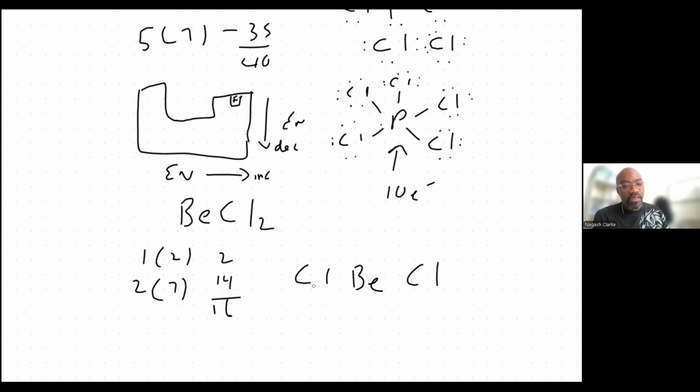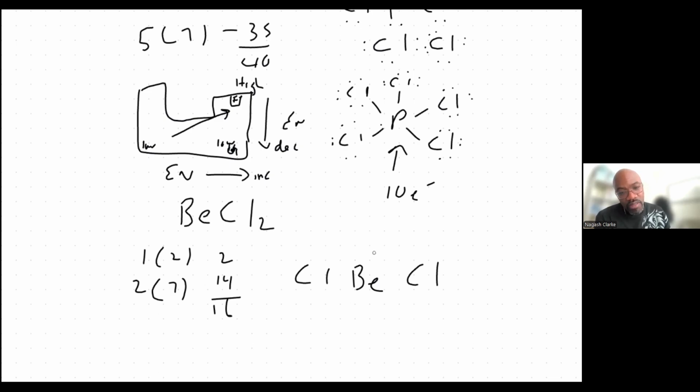Your metals are going to be low, and then high. So electronegativity kind of increases diagonally towards the right. So generally you can tell which is going to be less electronegative without knowing the numbers.